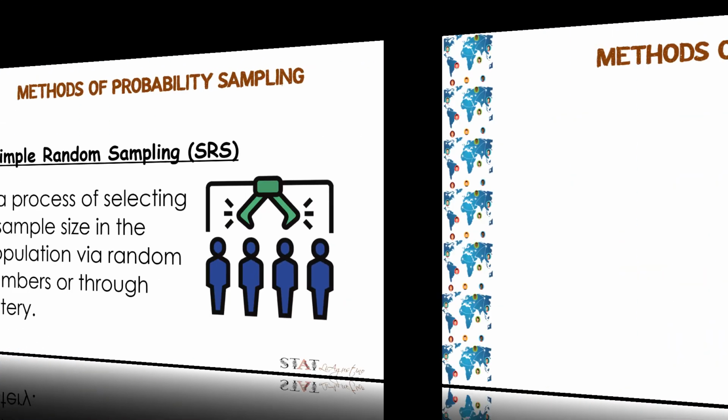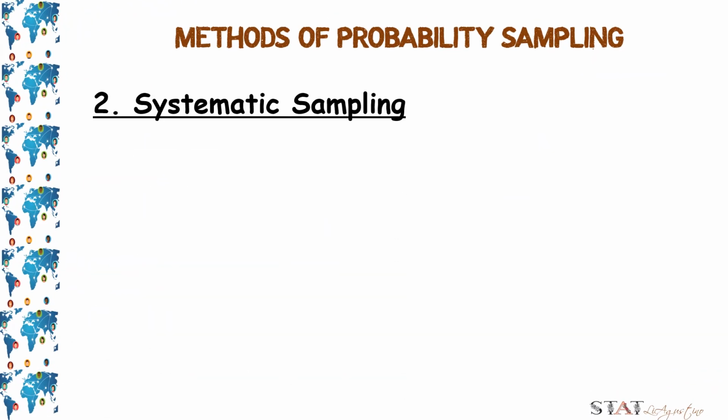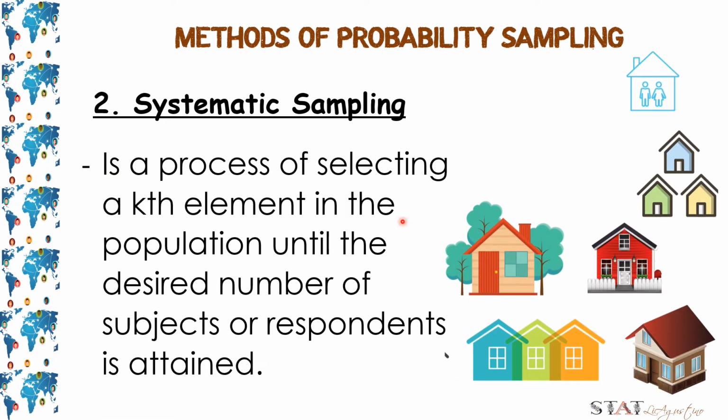And then next we have systematic sampling. It is a process of selecting every kth element in the population until the desired number of subjects or respondents is attained. For example, in a list of 30 agriculture and biology students, or theology students, or any students, I'll just say 30 CPAC students.